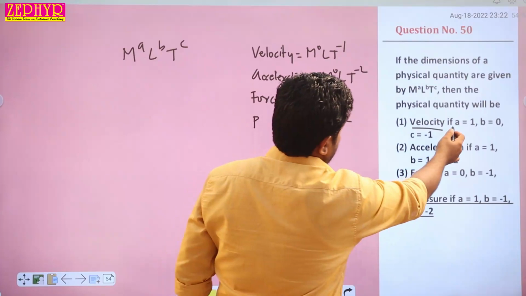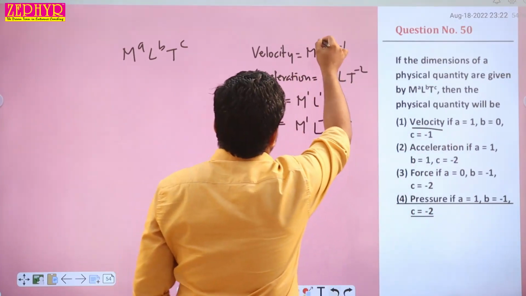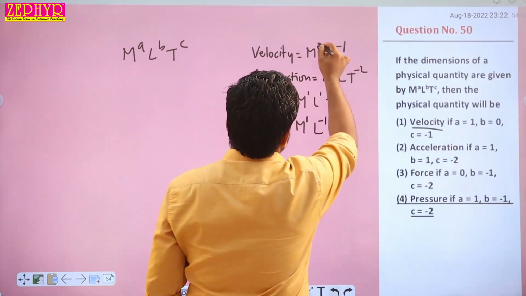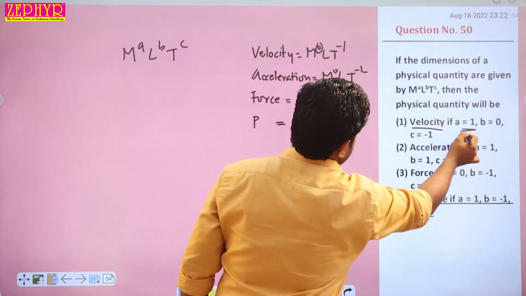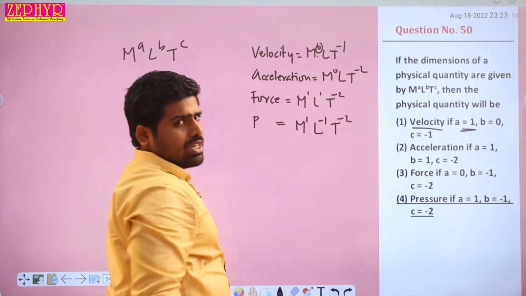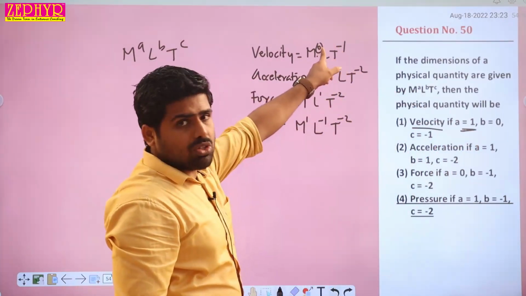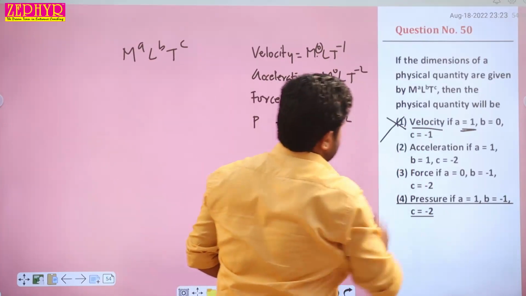See here, in the case of velocity, a is equal to 1 in the option, but in the actual case, a is equal to 0. So this one is wrong.